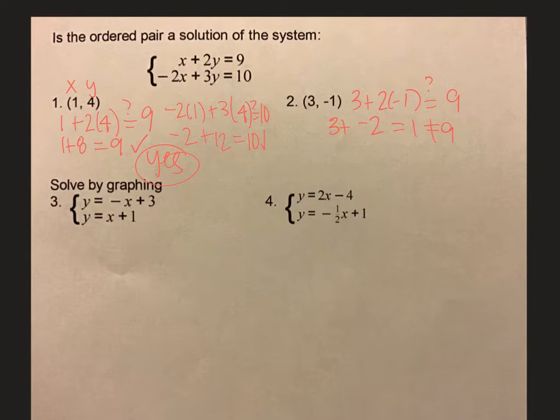So since that already doesn't work in the first equation, we can go ahead and say that it's not going to be a solution. You don't have to show both of the equations. If it doesn't work in one, it doesn't matter if it's going to work in the other because it's already not a solution. Okay, so that's just checking to see if an ordered pair is a solution or not.